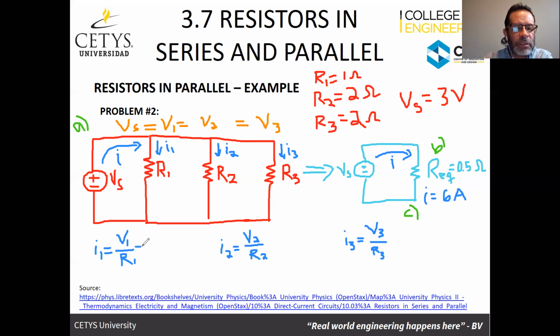So this is equivalent to having Vs divided by R1, which in this case would be 3 volts divided by R1 is 1 ohm.